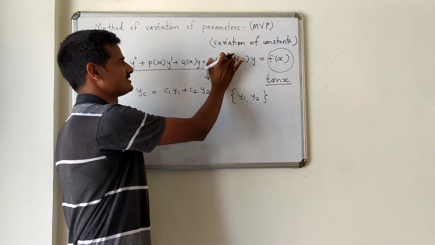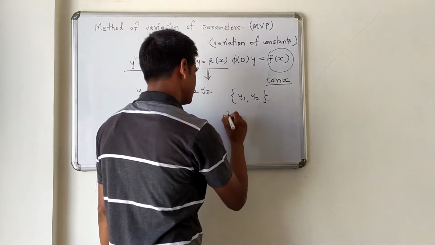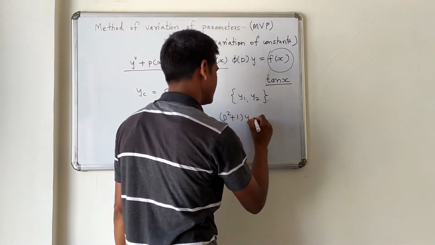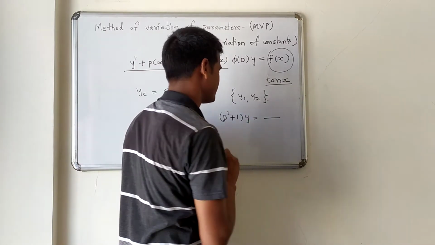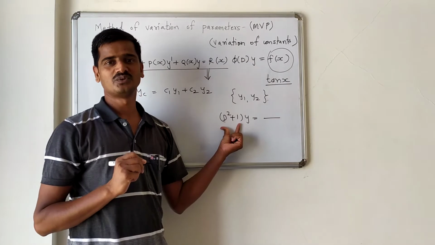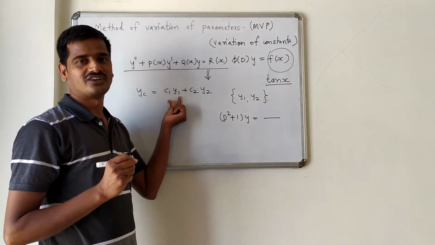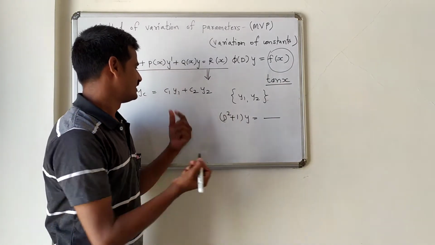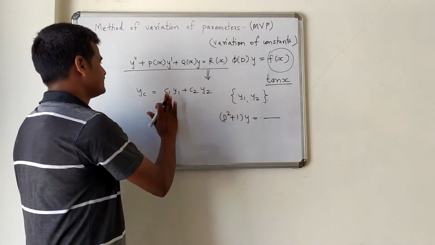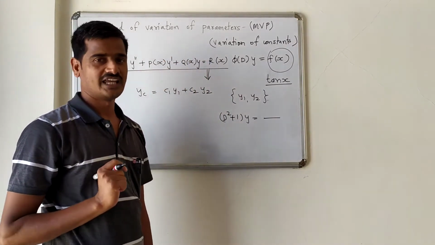Homogeneous means RHS is 0, so r of x is here 0. For example, D square plus 1 into y is equal to, let us say, any function of x. What is the complementary function? I will say c1 cos x plus c2 sin x. Here you can choose y1 as either cos x or sin x, or the other way. This is the complementary function of this second order linear differential equation.